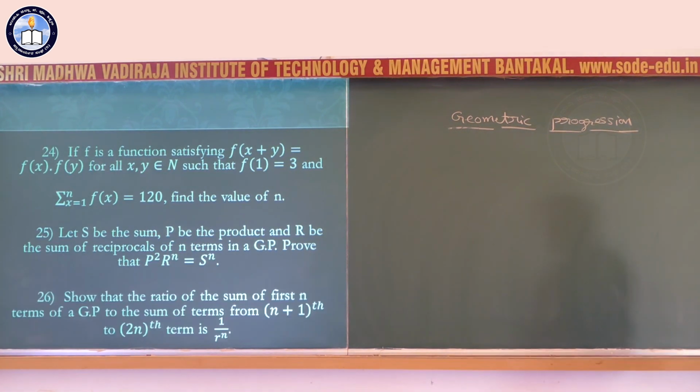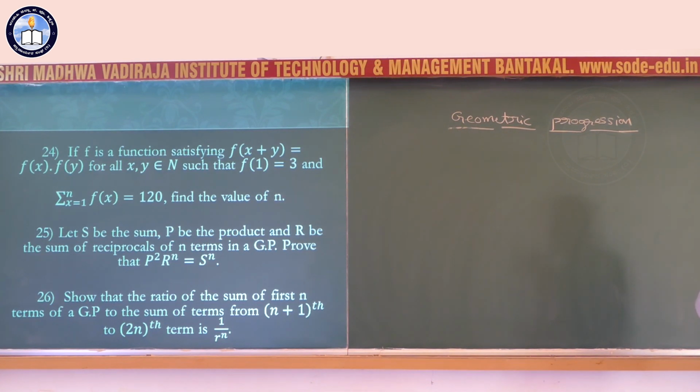Next one, show that the ratio of the sum of first n terms of GP to the sum of terms from n plus 1th to 2nth term is 1 by r power n.